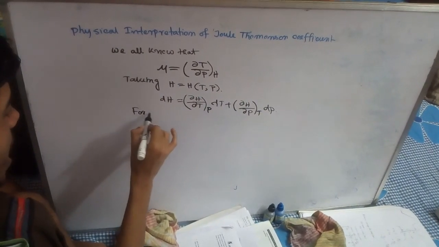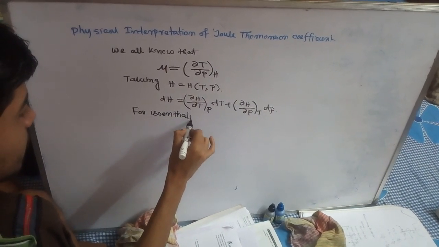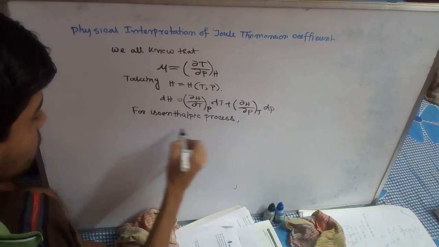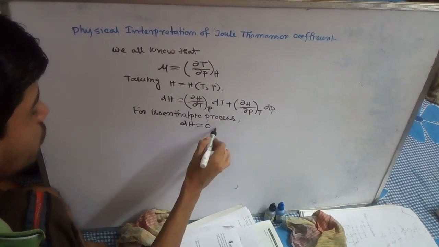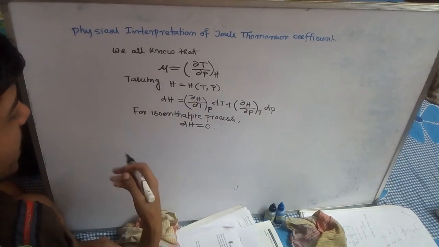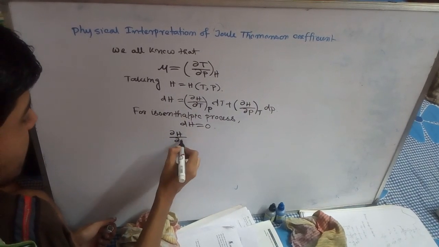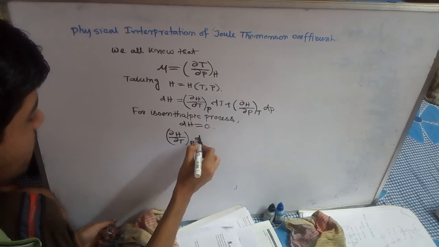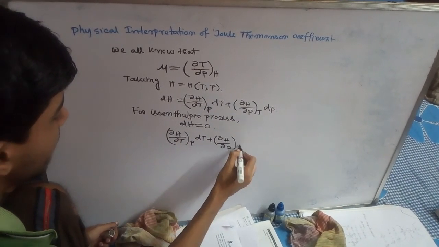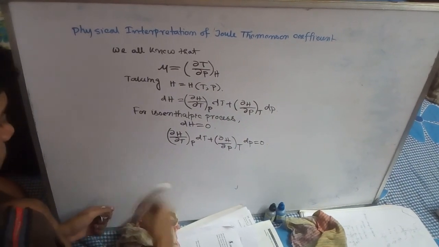For an isenthalpic process, dH should be 0 because there is no change in enthalpy. So del H del T at constant P dT plus del H del P at constant T dP must be equal to 0.